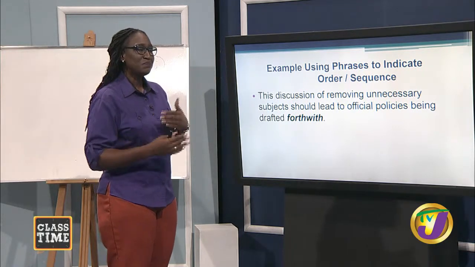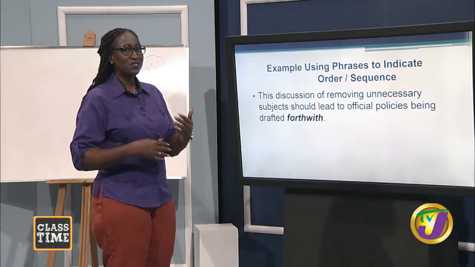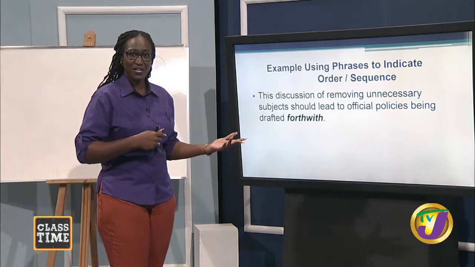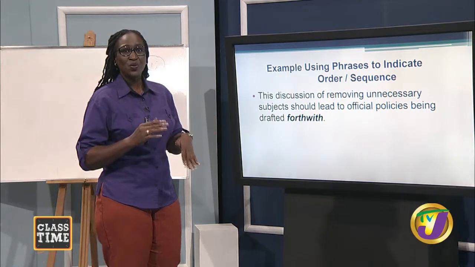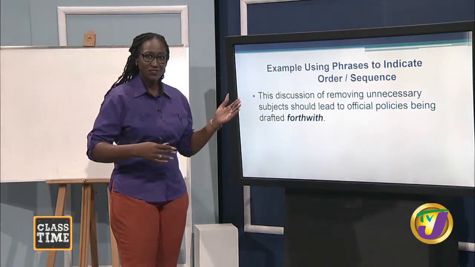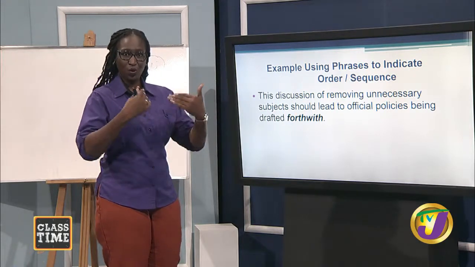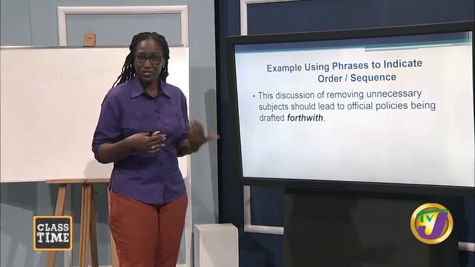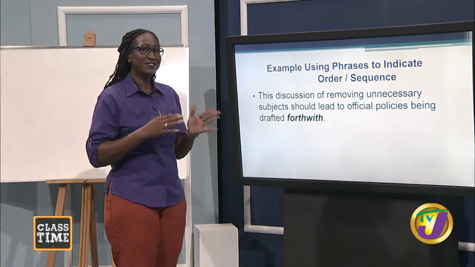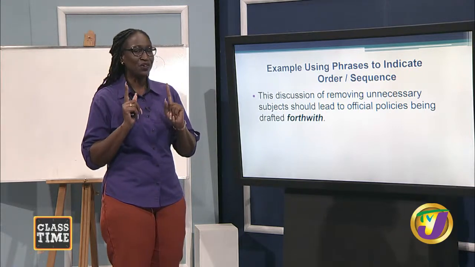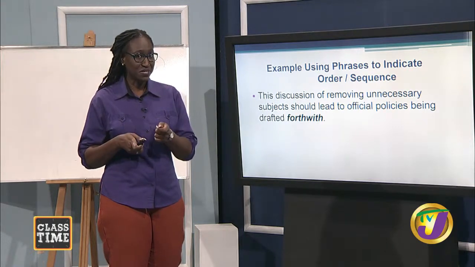Again, what is the meaning that forthwith is conveying in this sentence? Same as henceforth, actually. Similar meaning. So the policies should be drafted as of now or right now. So this is another term that you can incorporate into your writing to make it stand apart, sound different, but still convey accuracy in meaning.